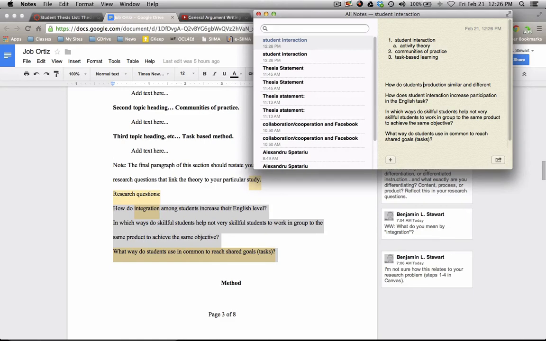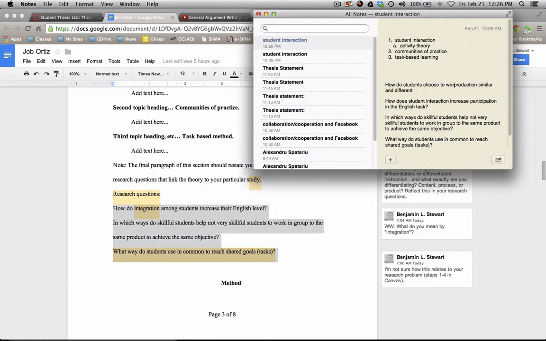So how do students choose to work together in small groups in task-based learning?